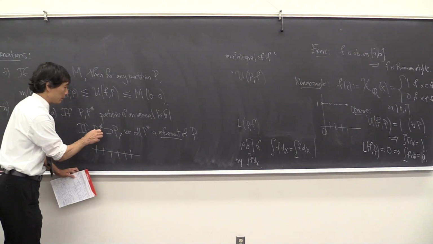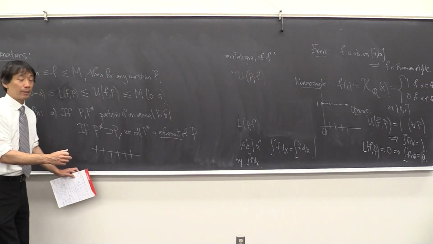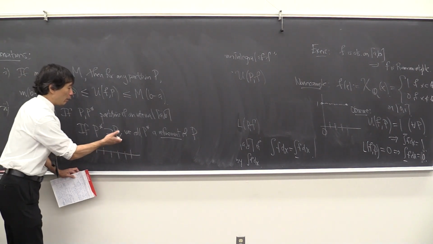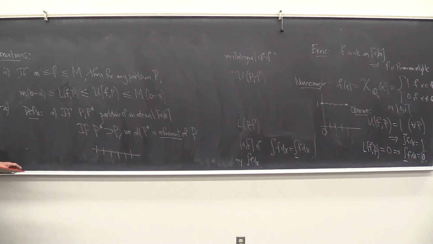So this partition contains the previous partition, right? So it has all of P's points and then some more points. Okay, then it's called a refinement.